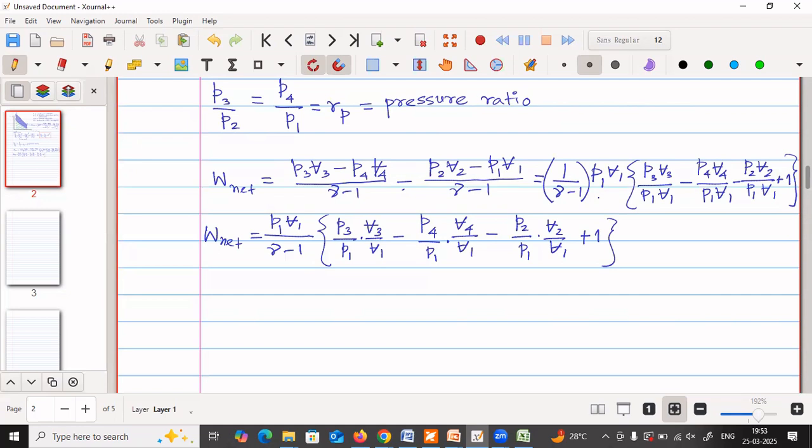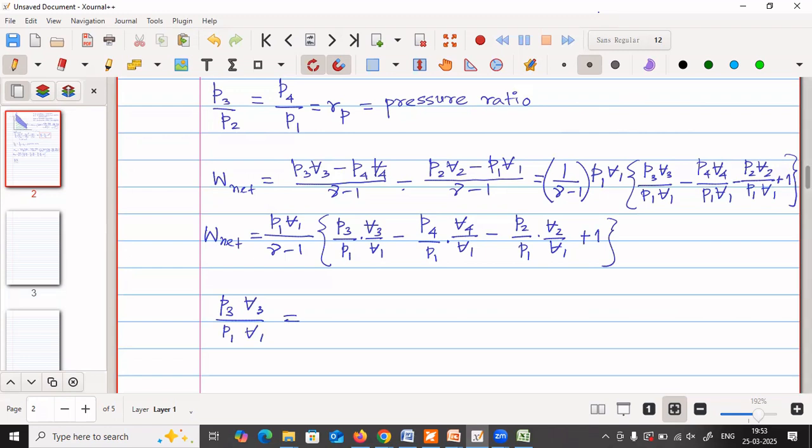Okay. Next, we will replace those values. So as we know from this top, P3 by P1, again now we will try to write what the quantities are. So P3 by P1, here it is P3 V3 by P1 V1.